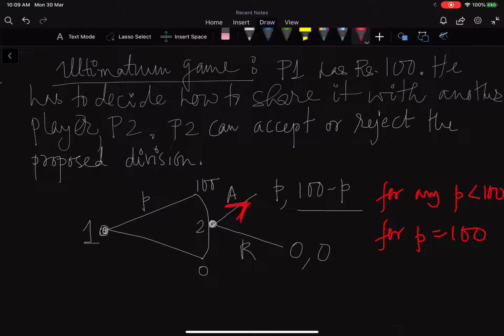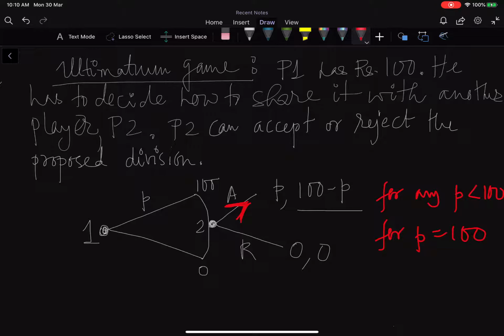Then you would have a case where for p equal to 100, player 2 could have chosen reject as another best response, in which case player 1 would have kept 99 rupees for himself and given only rupee 1 to player 2. But the idea is the same in both cases. The idea is that player 1 would keep as much as he can and give basically nothing. That would be the subgame perfect Nash equilibrium.